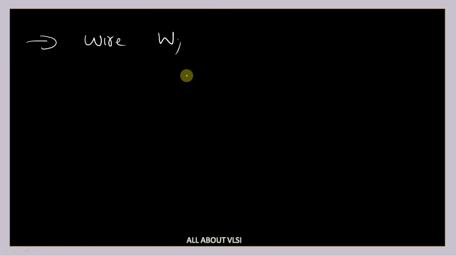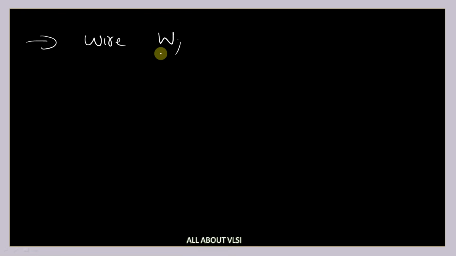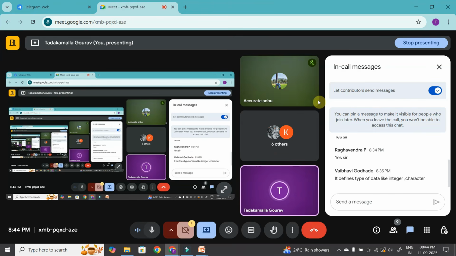if I declare a simple wire W, can anyone tell me how many bits it can drive? How many bits can we drive onto this wire is my first question. What is the width of this wire?